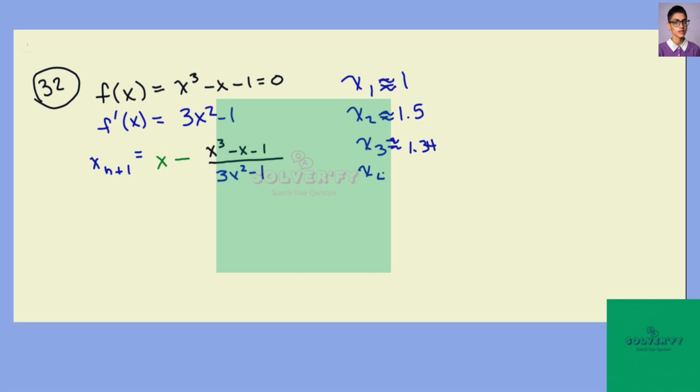X sub 4, when I plug in 1.34, gives me 1.325200. And when I plug in that number, I get 1.324718, which is the same as x sub 6, so I stop there.